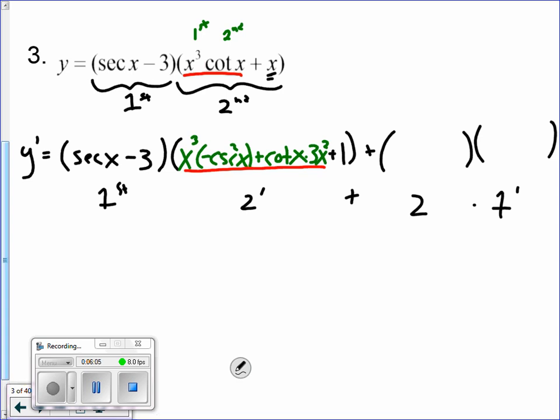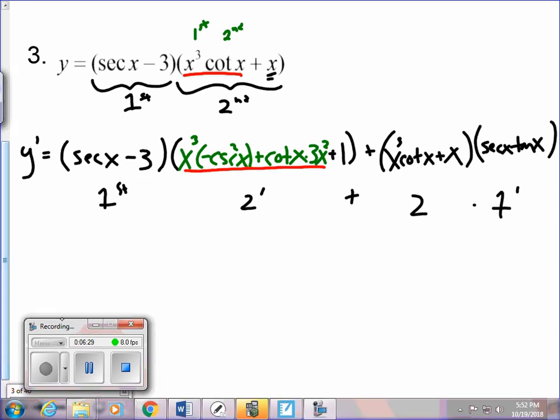So now I've got first times derivative of the second plus, put this in here, the second x cubed cotan x plus x times the derivative of the first, which the derivative of secant x is secant x tan x, and derivative of 3 is 0. So that's it. So we had a product rule within a product rule. Moving on.